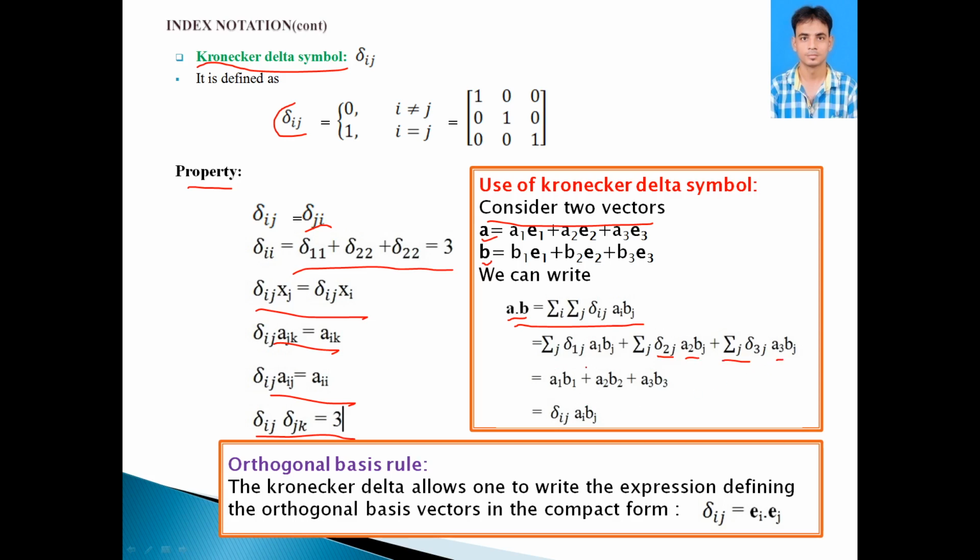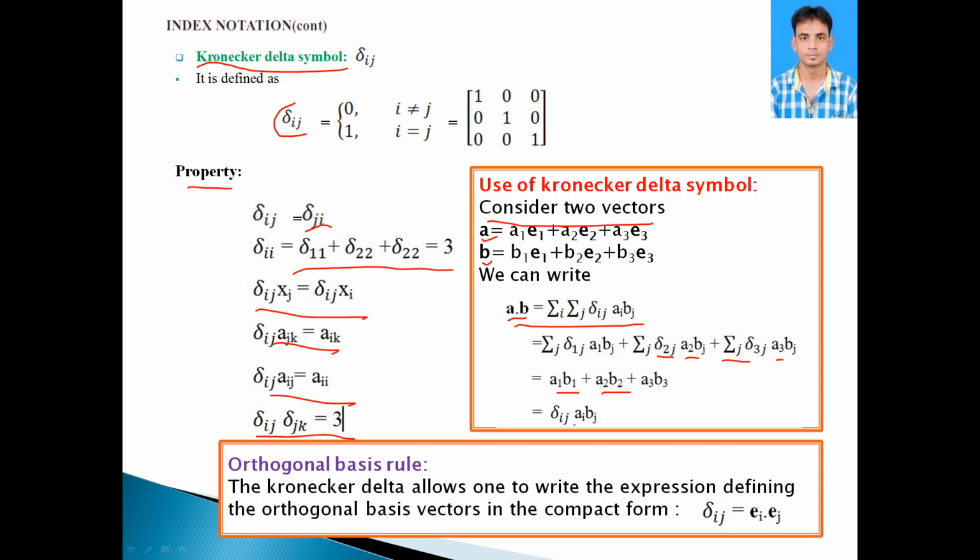And if you put all the values of j, then for delta 11, that means when j equals 1, it gives a1 b1. When j equals 2, it is a2 b2, because all other terms are 0. For j equal to 1 and j equal to 3, all other terms are 0.